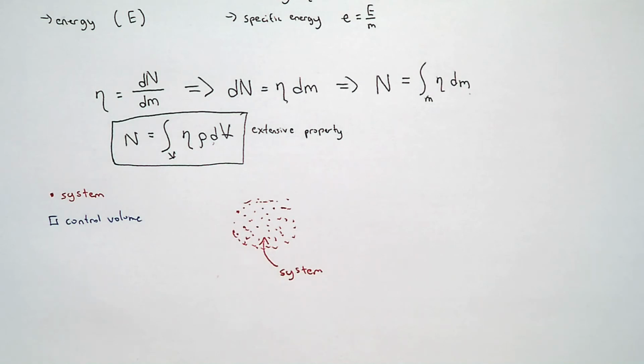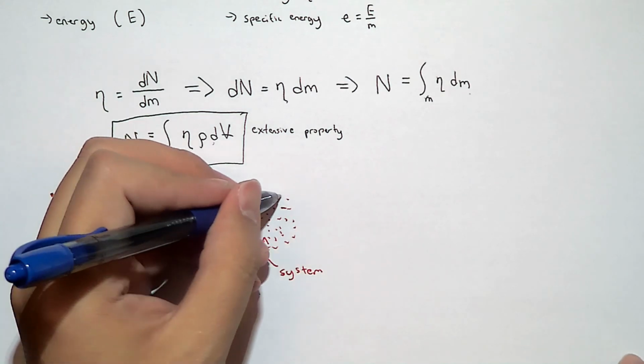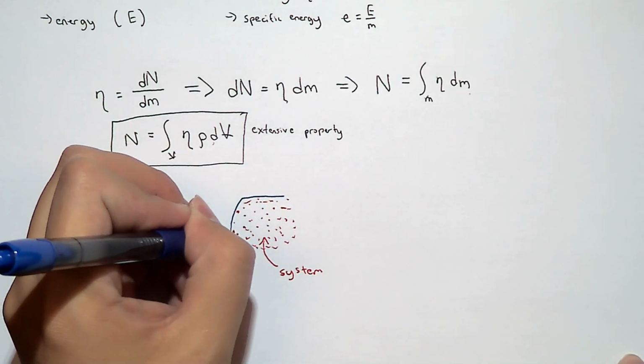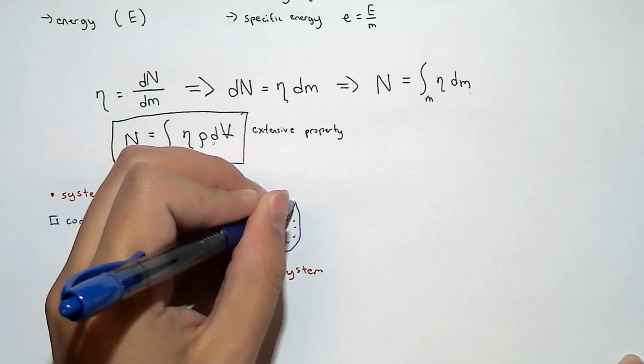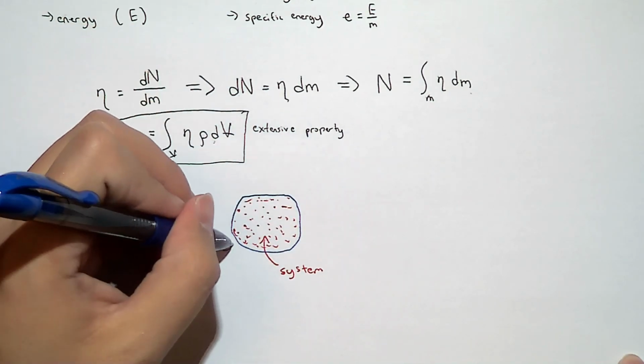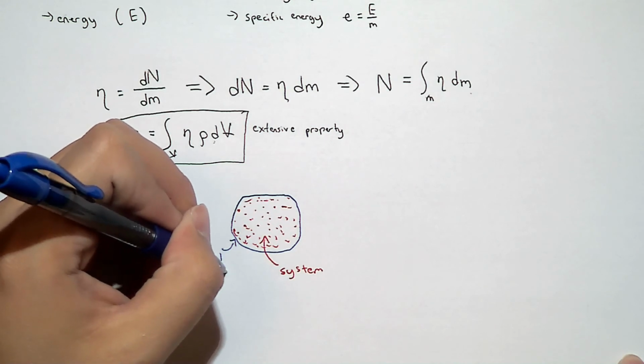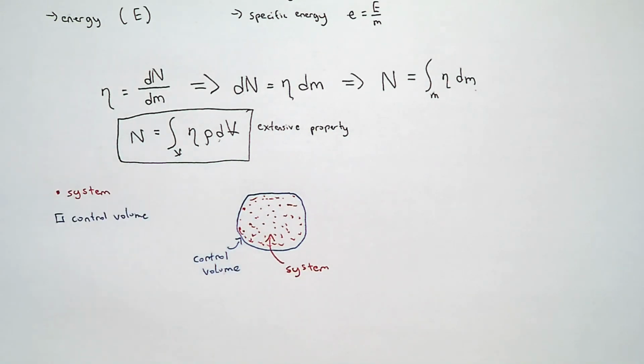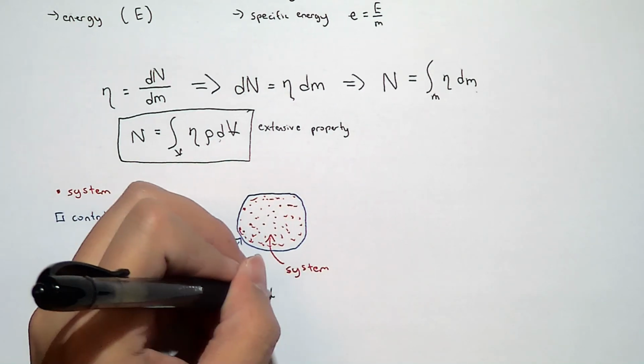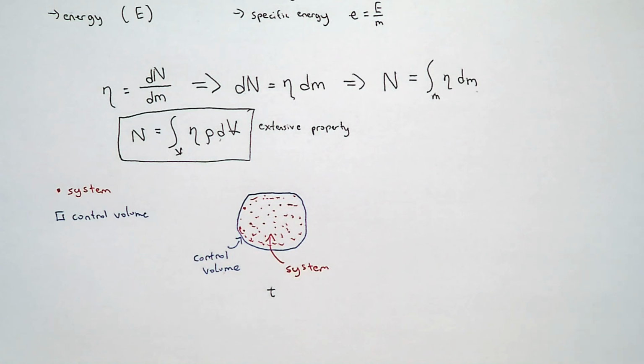But now Mr. Euler comes, and he says, well, no, I would like to study a control volume. So Euler decides to study a control volume. Now, at time equals t, at our first time step, my system and my control volume are basically covering the same amount of fluid.